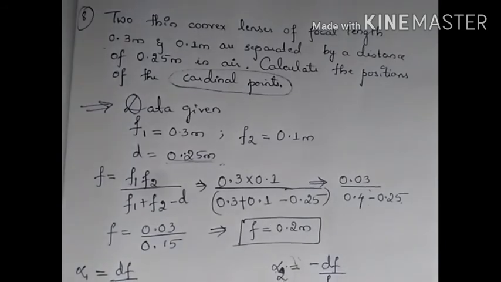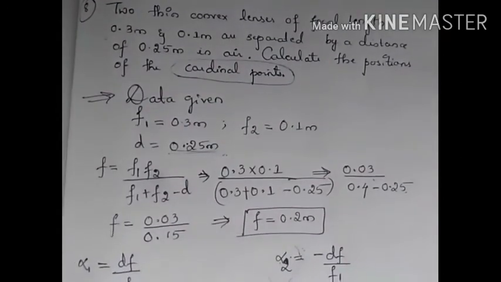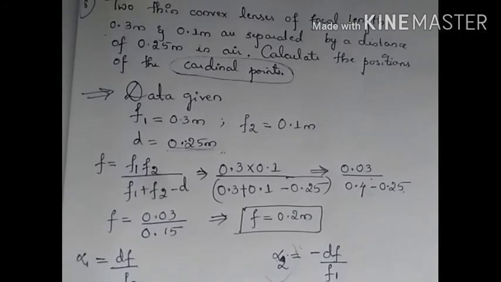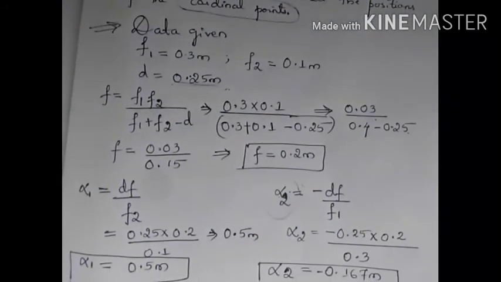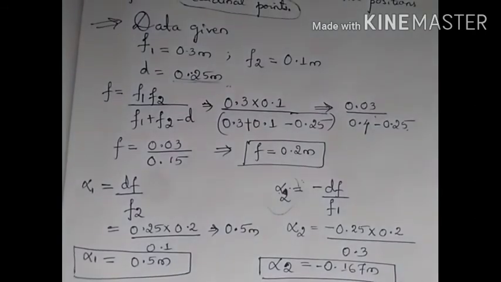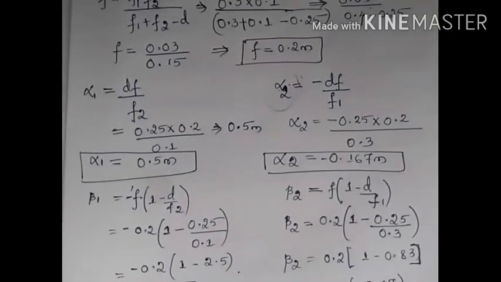So you have to use the formulas which we have derived already in our previous sections and find the values for the four different cardinal points that we have learned. The four cardinal points are alpha 1, alpha 2, beta 1 and beta 2. To find that, first we found the equivalent focal length for the system, and then with this f value we found alpha 1 and alpha 2.